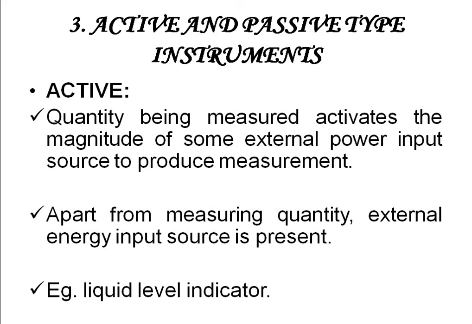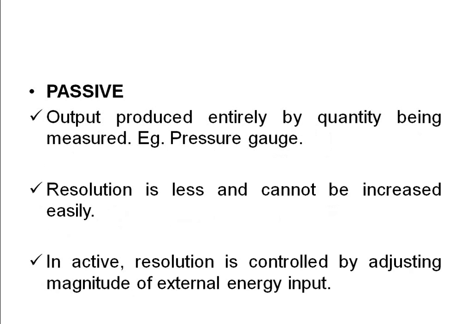When we look at the example, it will be clearer. The input activates the magnitude of some external power input and produces the measurement. The best example is the liquid level indicator.